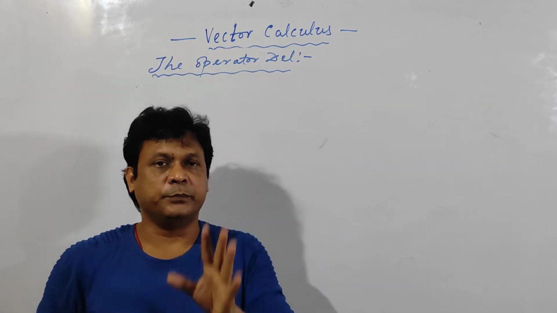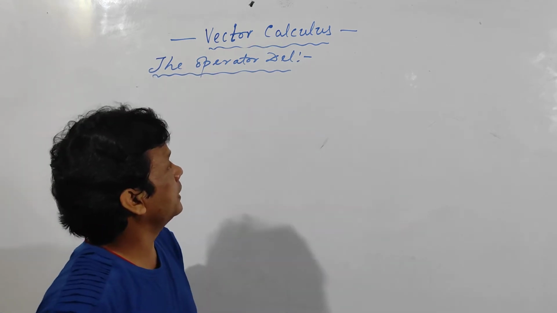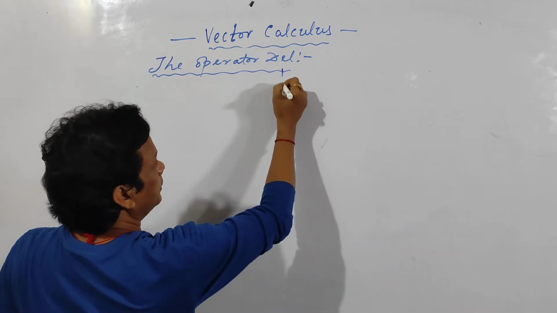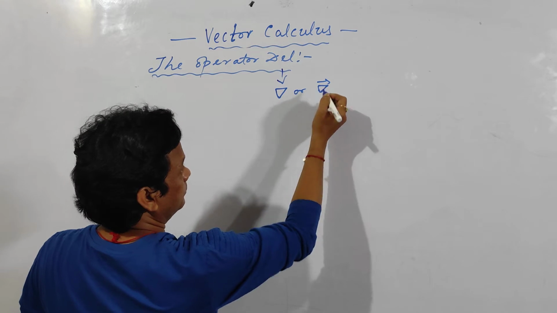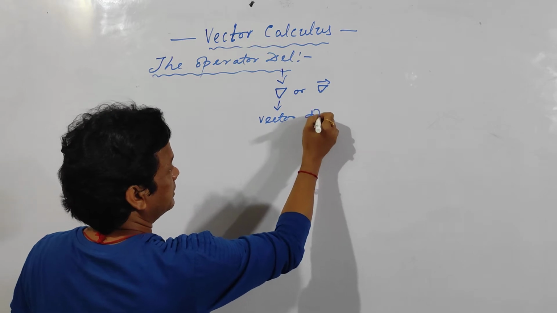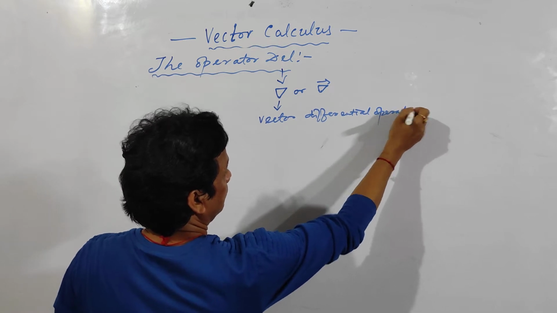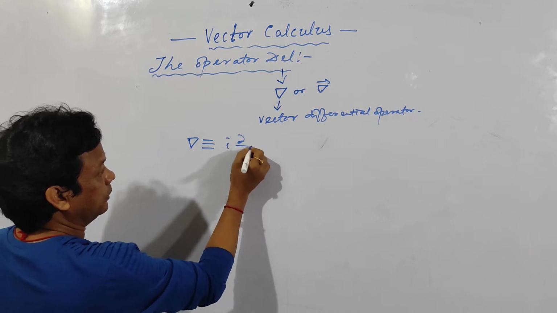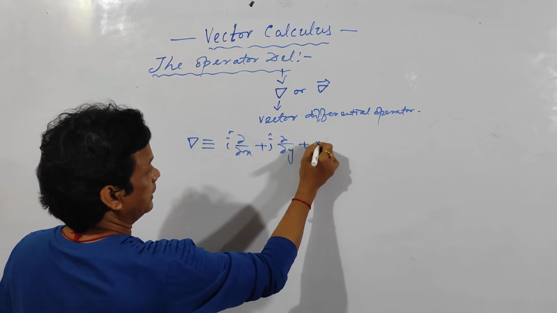See here, the most important part now starts. Here is the operator del. The operator del is denoted like this; you can write it like this, or you can put a vector sign also. And this is called the vector differential operator. It is equivalent to i into del by del x plus j into del by del y plus k cap into del by del z.